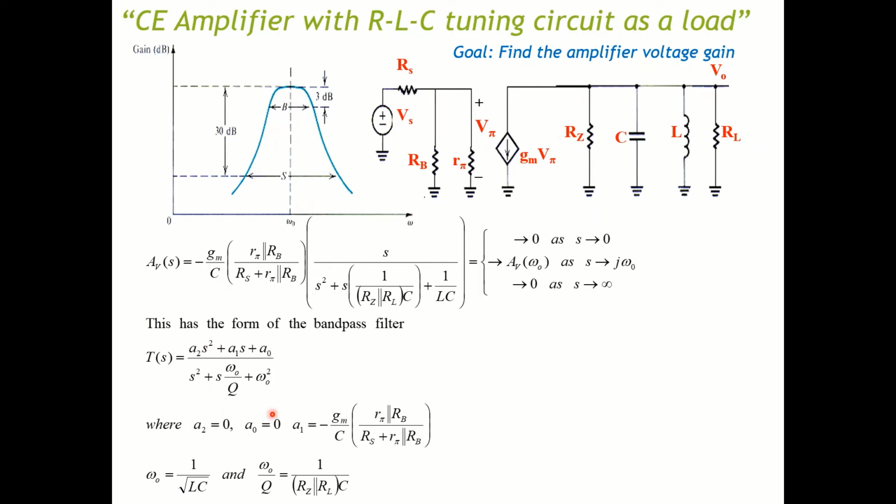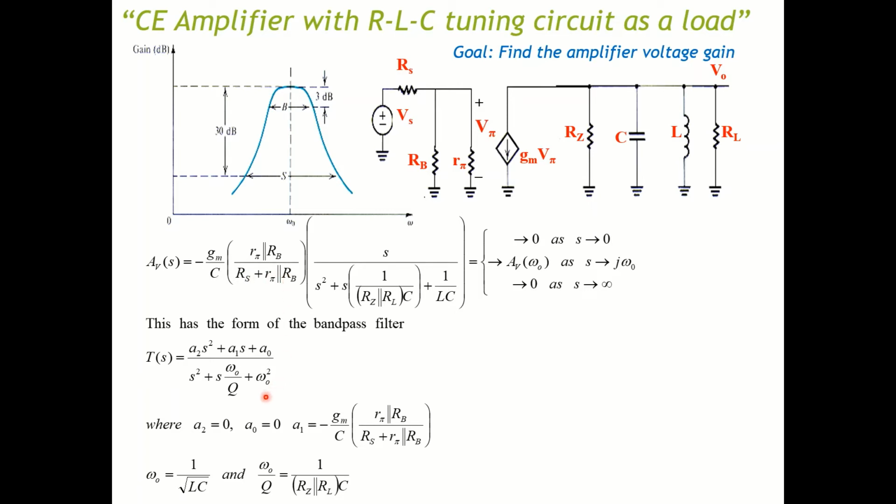So with this equation, you can match it with this form here. As you see right now, let's compare. This transfer function doesn't have any term for s squared, right? Just one single s. So first of all, you can conclude a2 and a0 are 0, and a1 is this whole term here.